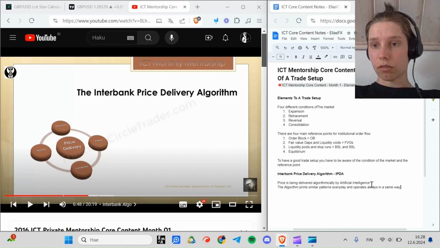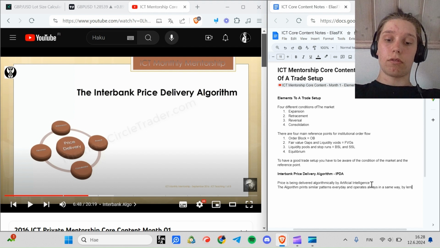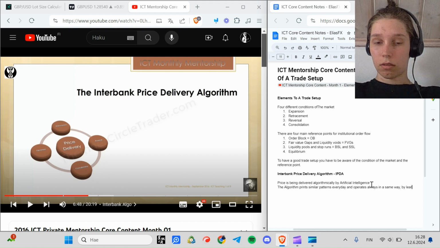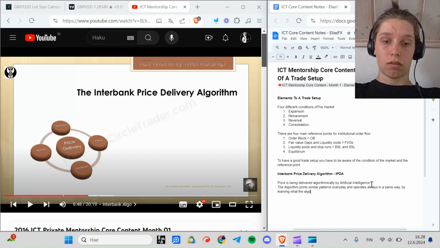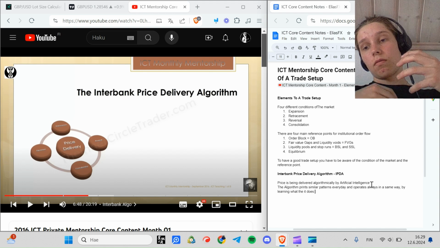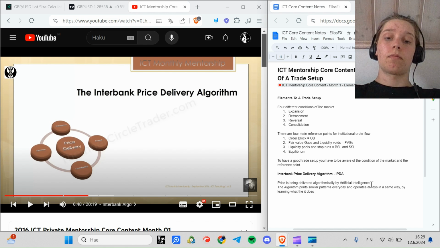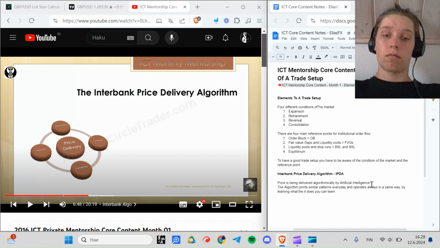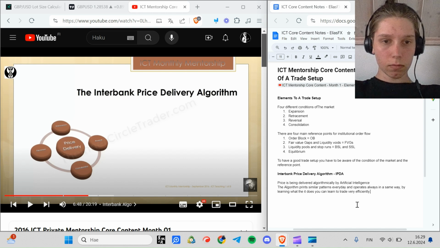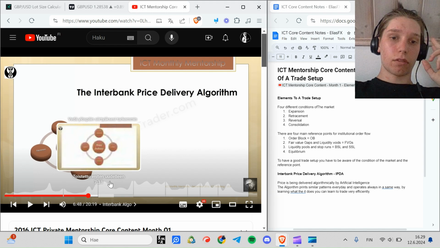So I would say that by learning what it does, you can learn to trade very efficiently. There you go. There is nothing really more to this, so we're going to skip a little bit further.